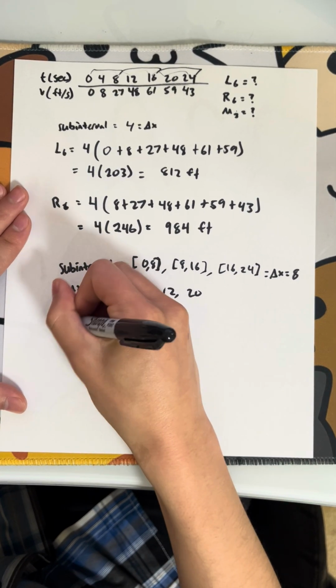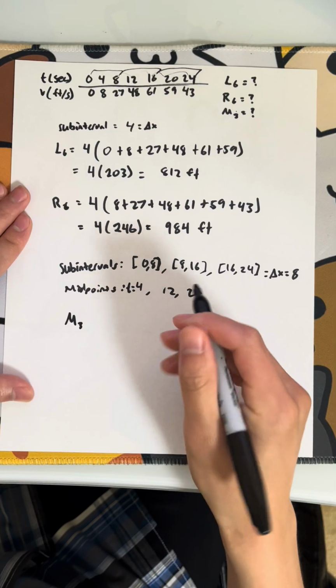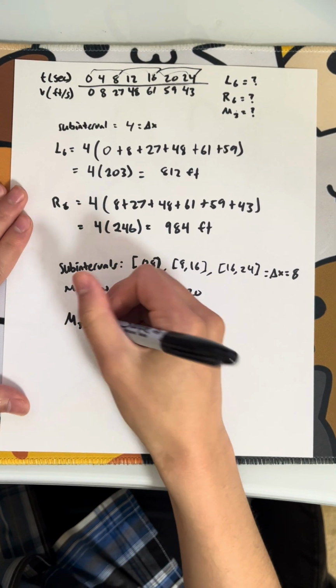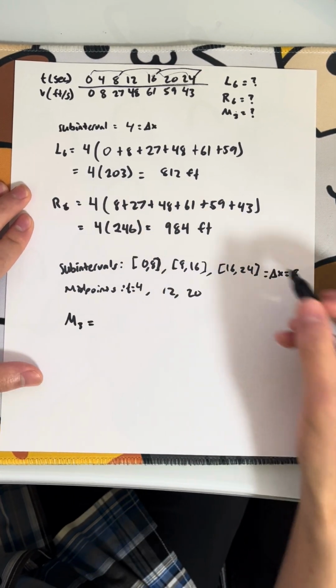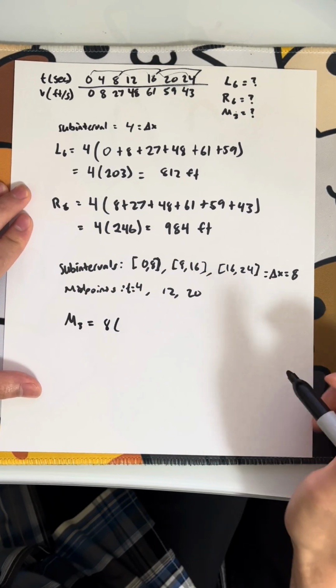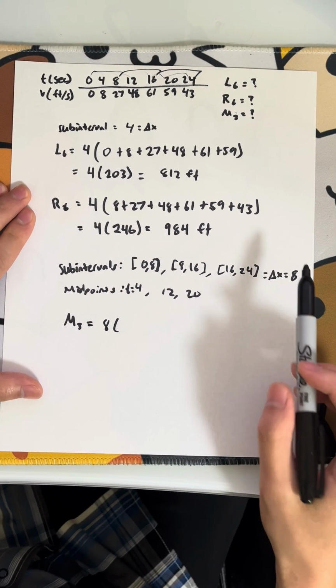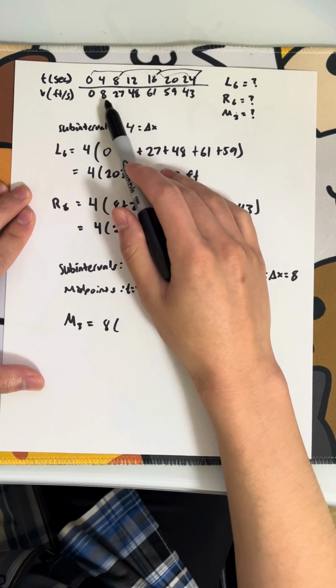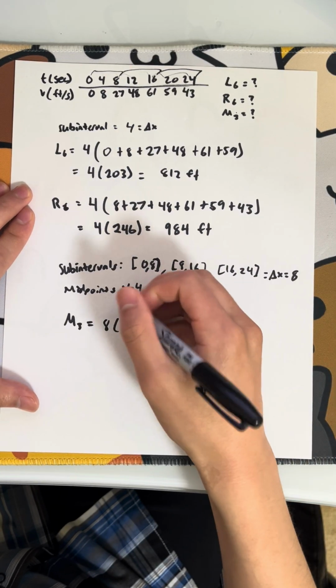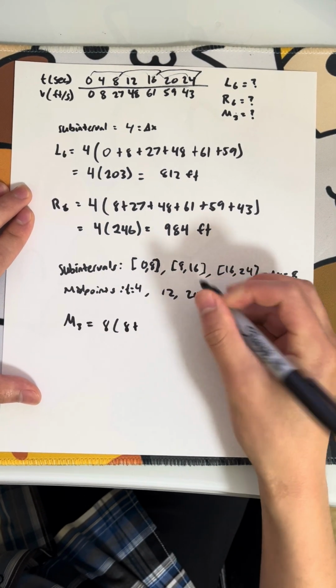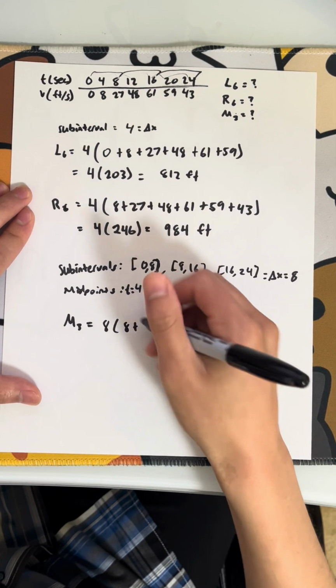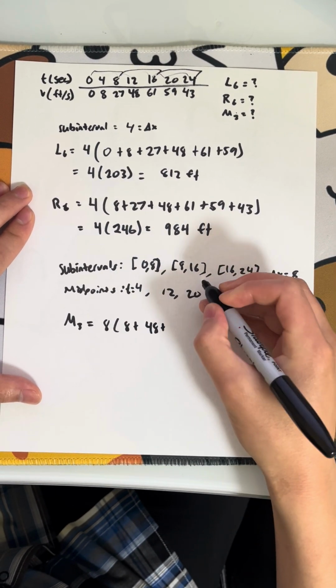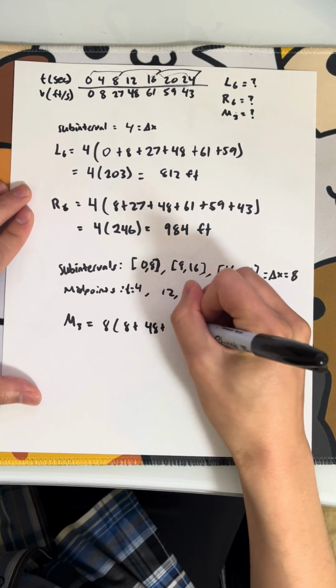The midpoint Riemann sum with 3 rectangles equals 8, the change in x, times the velocity at 4, which is 8, plus the velocity at 12, which is 48, plus the velocity at 20, which is 59.